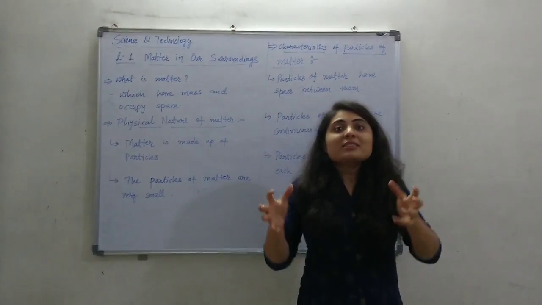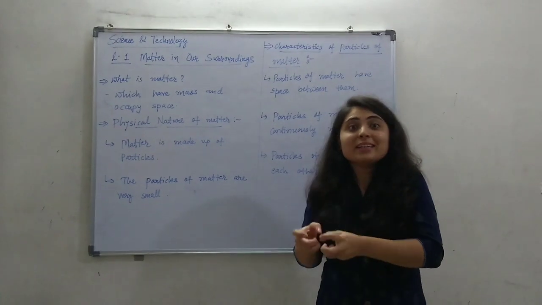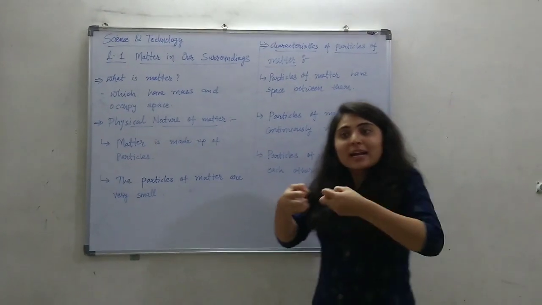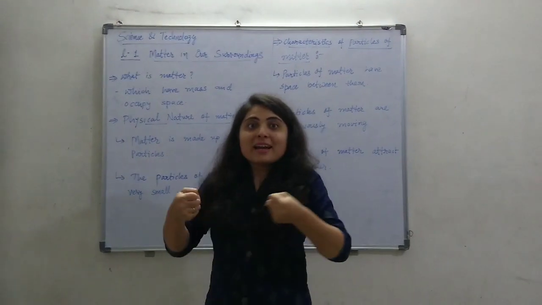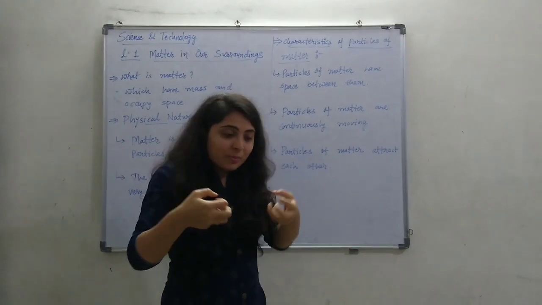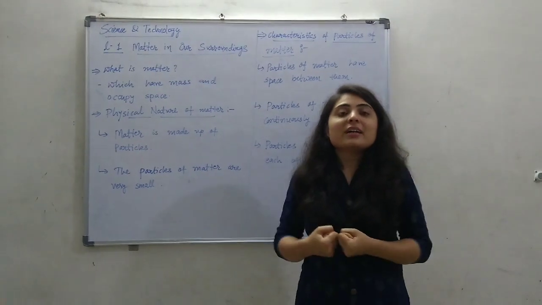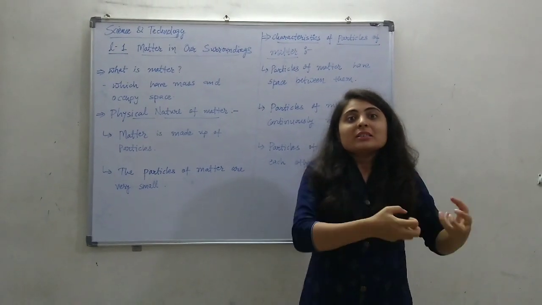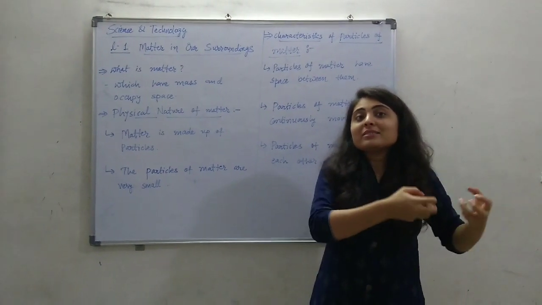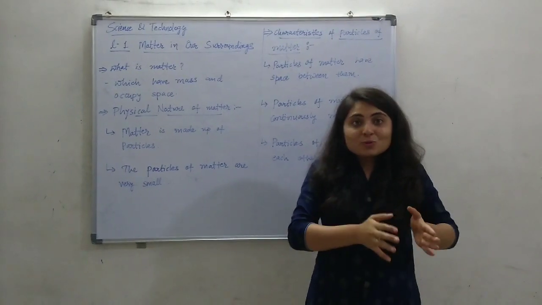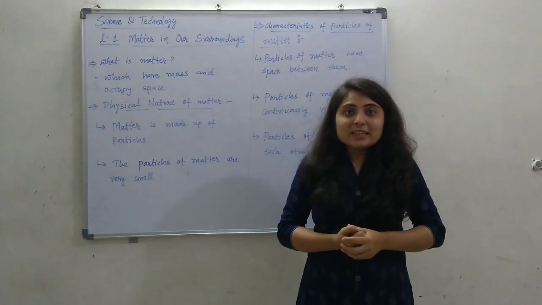Why? Because the particles of the iron nail are tightly bound to each other. They attract each other so strongly that it can't be broken down, while the force between the particles in the chalk stick is less. That's why it can be broken easily.